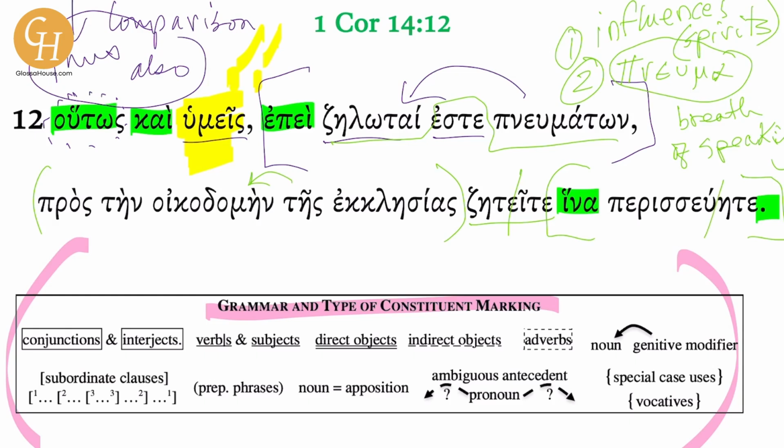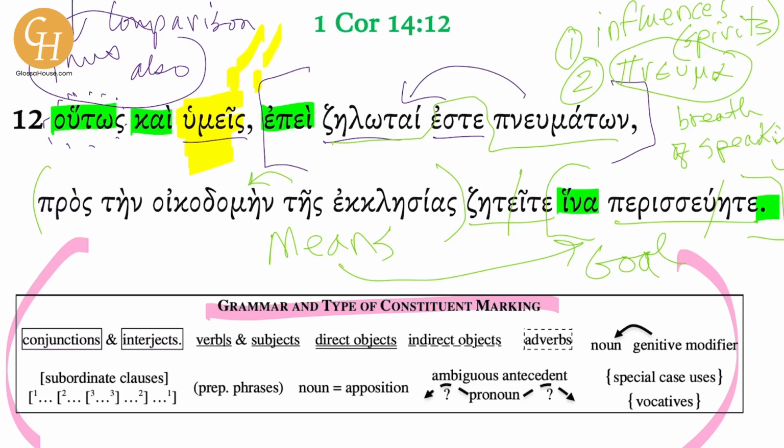Perisseuēte, present active subjunctive, second plural. So be seeking for the edification of the church in order that you would be abounding. So the perisseuēte receives a single underline. That is a purpose clause. So basically, the seeking is the means, and the goal is to be abounding.